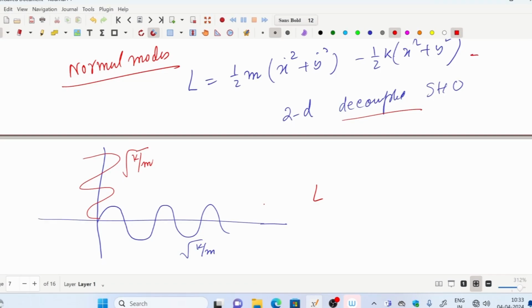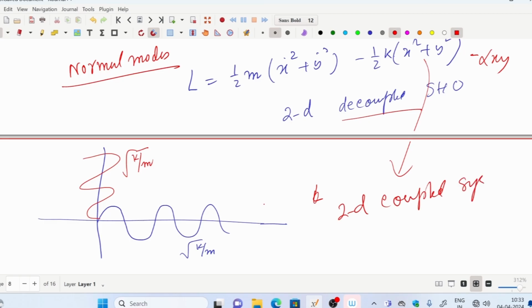But if our Lagrangian contains a term like minus alpha xy, then this is a 2D coupled system, coupled by this term in x and y. So if we change the x variable, the motion in the y direction also will change.